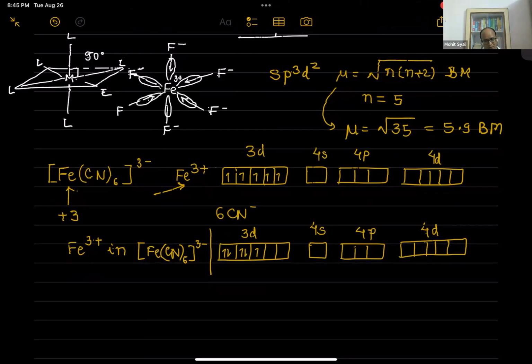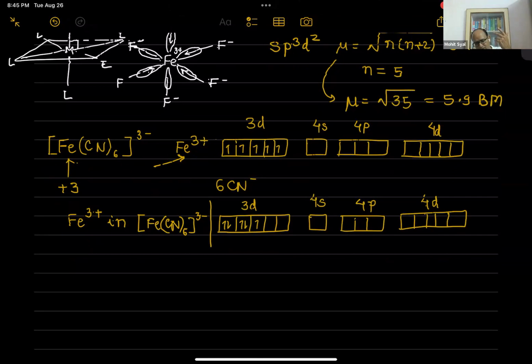So in the presence of a strong ligand, the pairing can occur even if they are not singly filled. If they are unpaired, you will push them inside and make them paired. But all of them will not get paired because we had 5 electrons. So you have 2 pairs of electrons and one remains unpaired. Who is responsible for this?